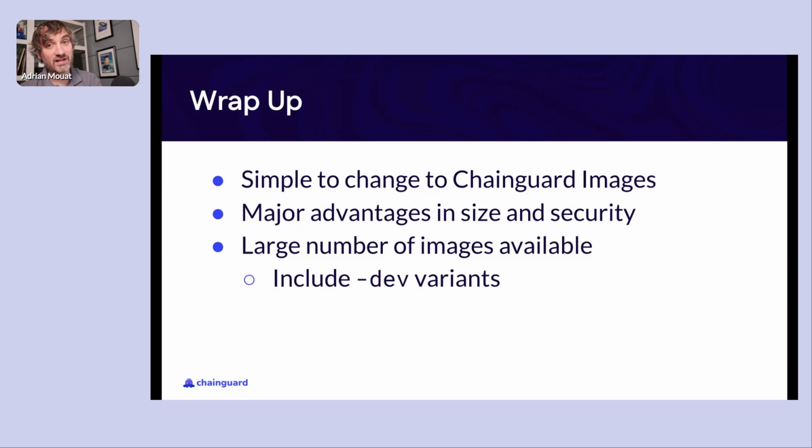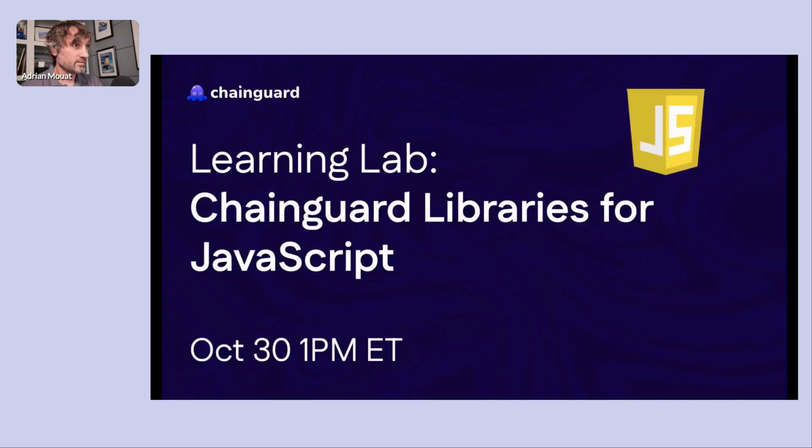There are a very large number of images available. If it looks like we don't have an image, please do ask, and we'll try and build it if at all possible, assuming it is open source. And yeah, there's -dev variants for the cases where you do need a shell and so on.